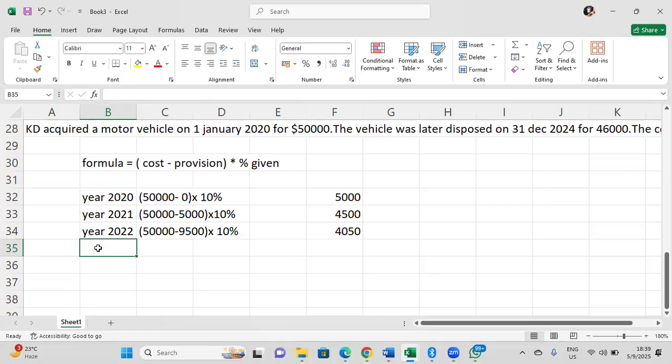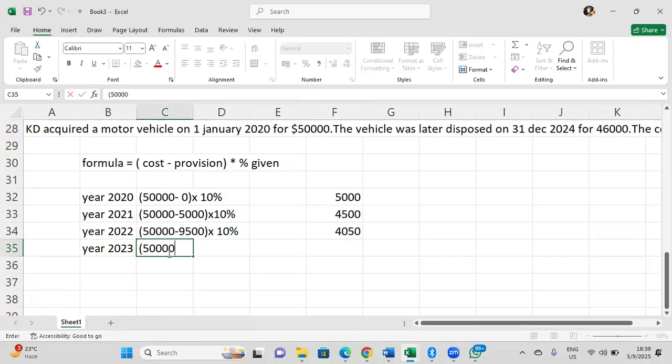We do the same for year 2023. It's 50,000 minus the total depreciation that we've calculated. We take the last total, which was 9,500, and add 4,050.